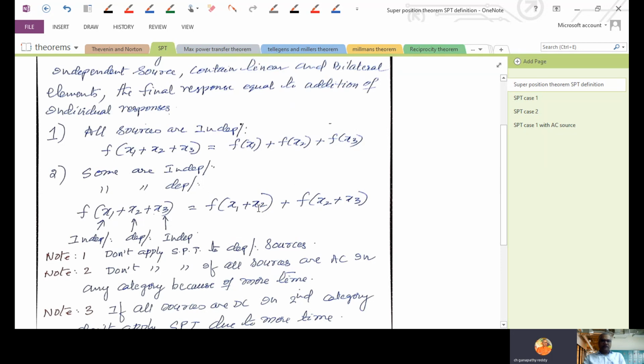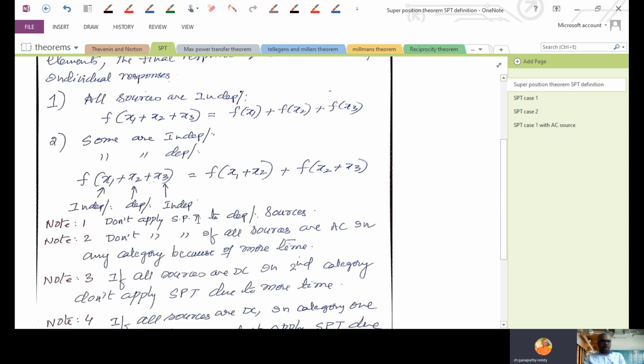What are you observing? In this case x2 is present, in this case also x2 is present. Each response comes under a two-source problem. Find them individually and add them, and you get the final output. Only these two cases: all sources independent, or some dependent and some independent.